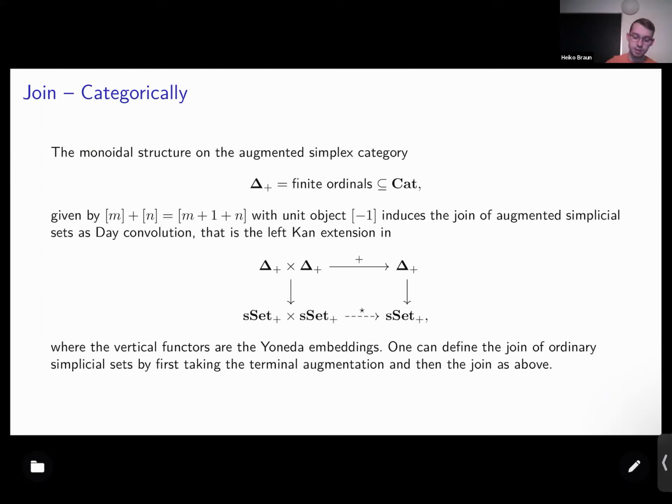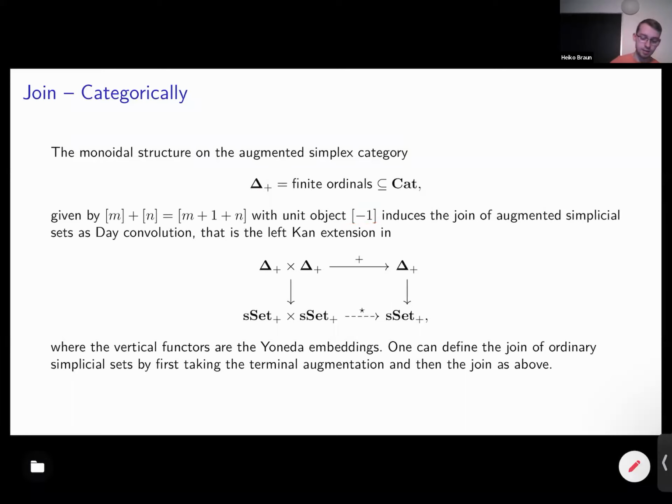So first, consider here the augmented simplex category. These are the finite ordinals with the empty ordinal, which is now denoted as -1, just considered as posets, partially ordered sets.